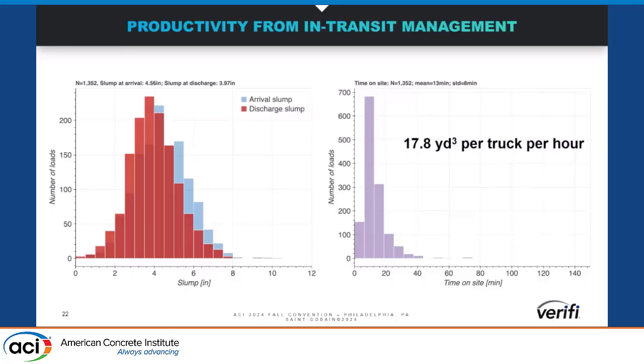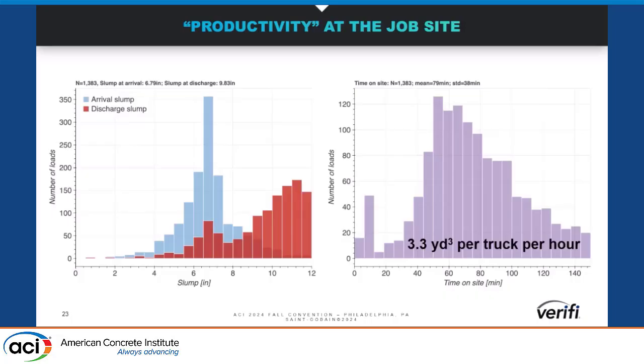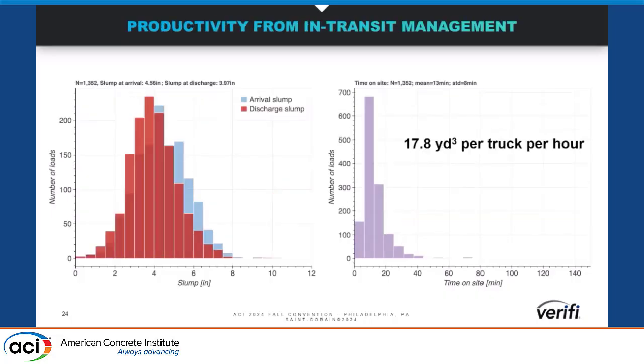So you're shaving on average 80 to 100 minutes off of this, just having those discussions, right? Just ordering the right slump or just realizing what slump you actually need for the job, and producing it. So we went from, just to show you, 3.5 yards per truck hour to 17, almost 18 yards per truck hour.